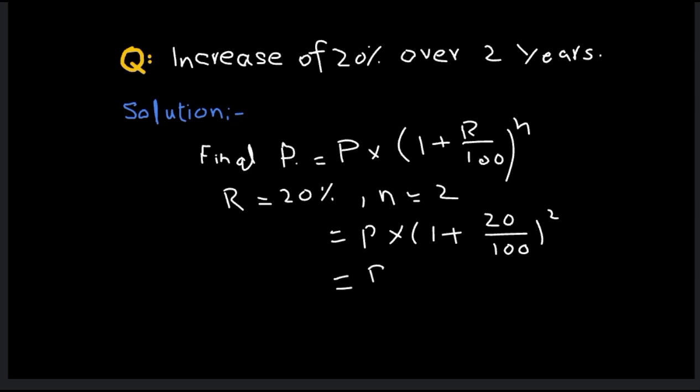After this, we simplify 20 divided by 100. Then we add it with 1.